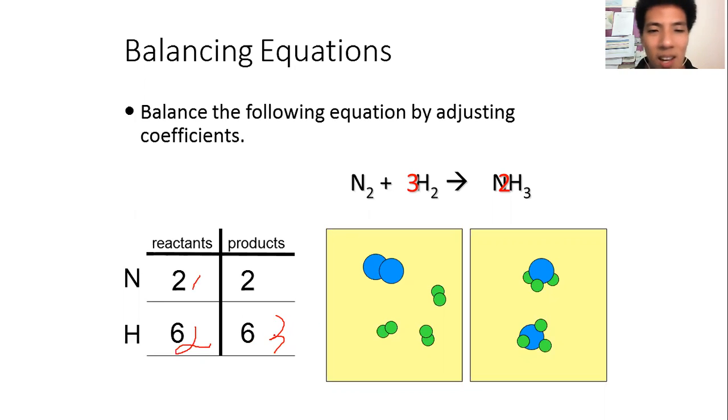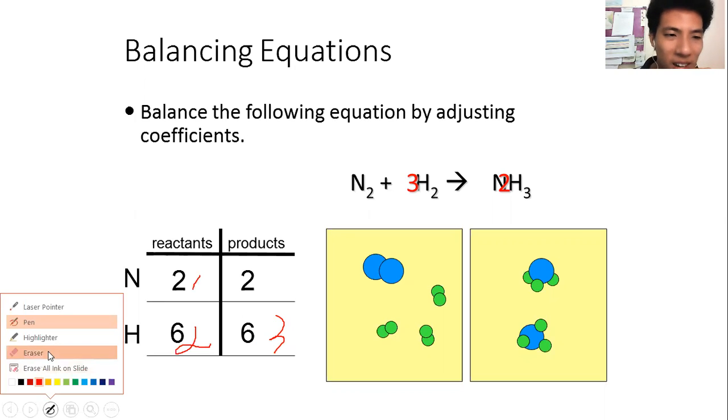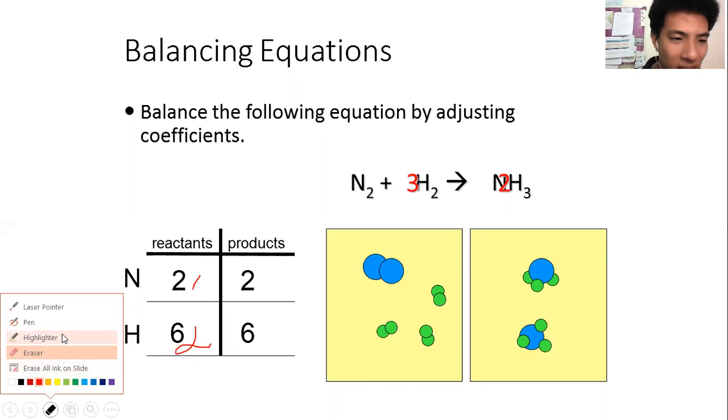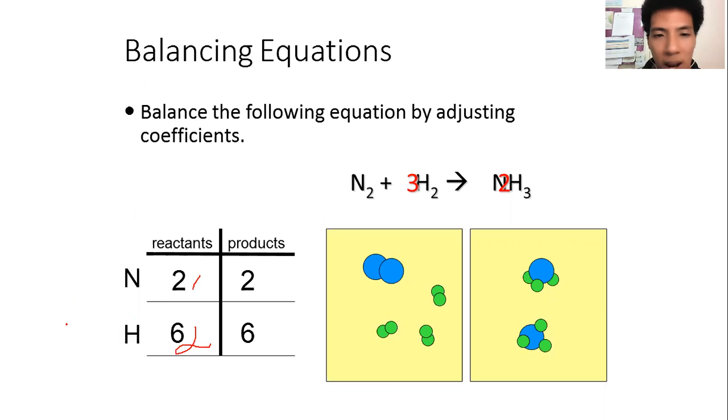I'm so sorry. We have 6 for the hydrogen. I think this is something that I can correct.